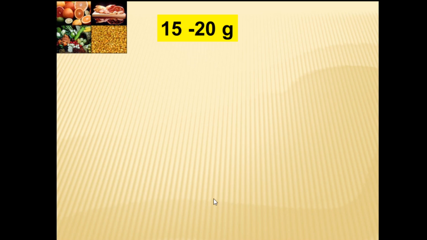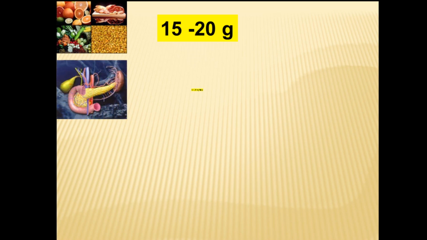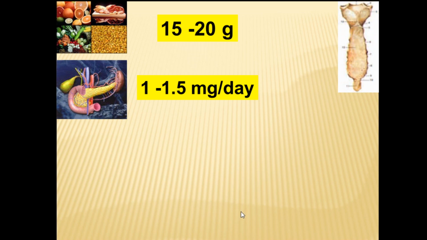Every day we take food from which 15-20 grams of iron enters our organism. But for normal metabolism and control of iron in our organism, only 1 to 1.5 milligrams per day is enough.